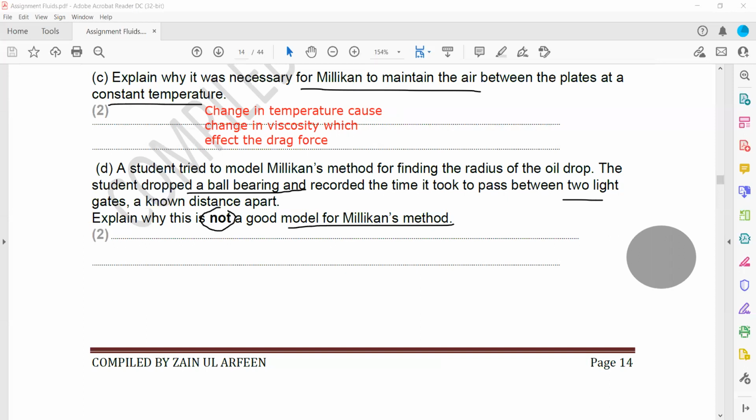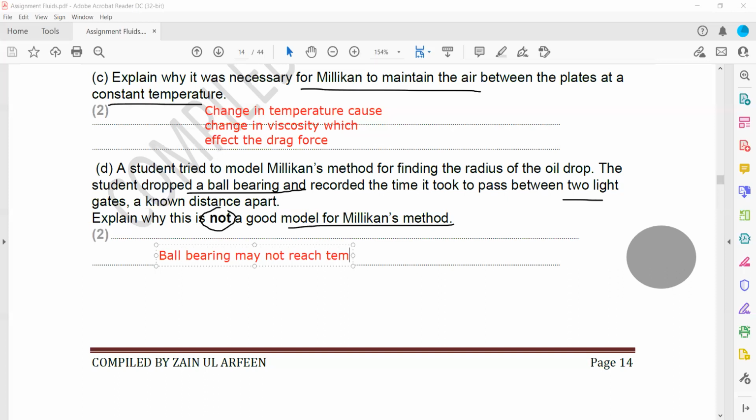And if the ball bearing size is larger, the flow of the fluid might not be laminar, because Stokes' law for viscous drag is only applicable when there is laminar flow. So we can say the ball bearing may not reach the terminal velocity.